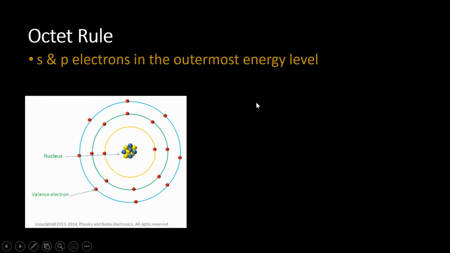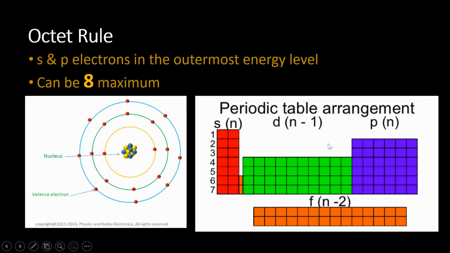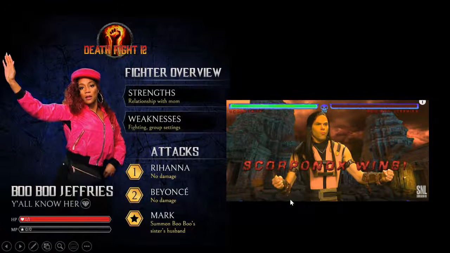So the octet rule states that you want those 8 maximum in your outermost energy level, your valence electrons. And remember, the d and the f don't partake in this because it's the energy level you're in minus 1 when you start filling those up, or minus 2 for the f. So they're not in the outermost energy level.